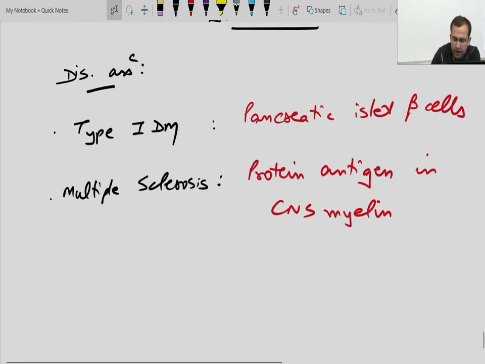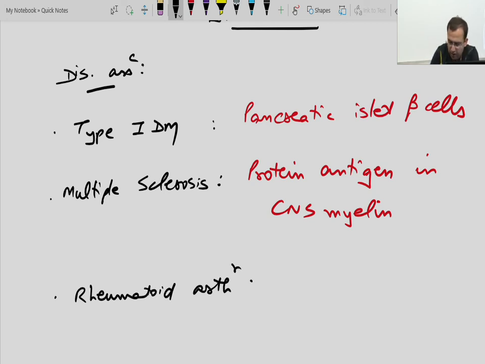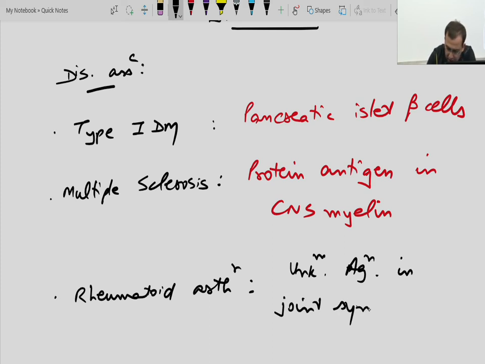Next, the next disease associated with this is rheumatoid arthritis. Rheumatoid arthritis has an unknown antigen in the joint synovium.